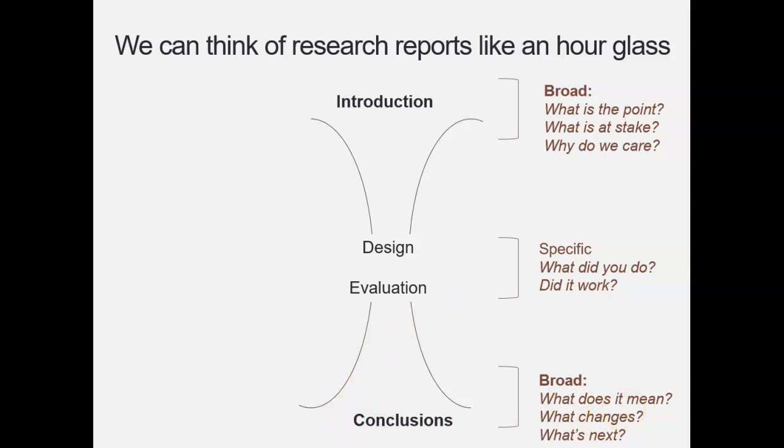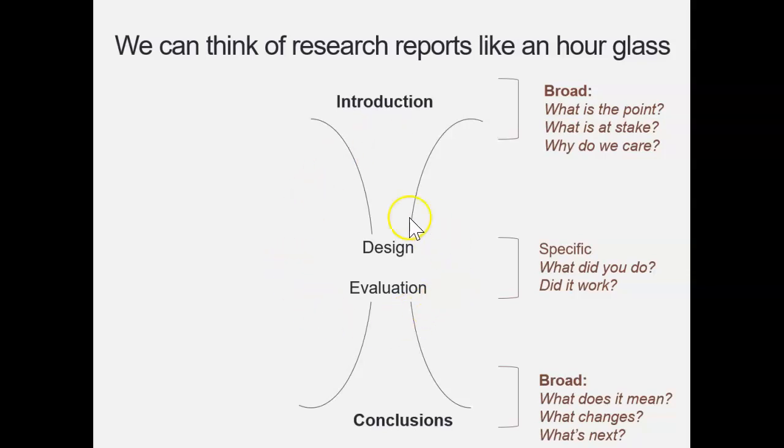Now, if you pay close attention to the writing and the language of research reports, you might notice that verb tenses change in these different sections. In the broad sections, you will see much more present tense because you are describing the current state of knowledge, the current state of the world.